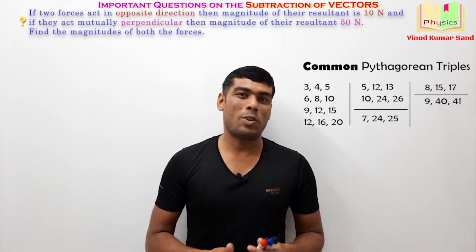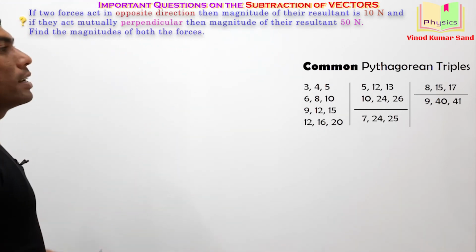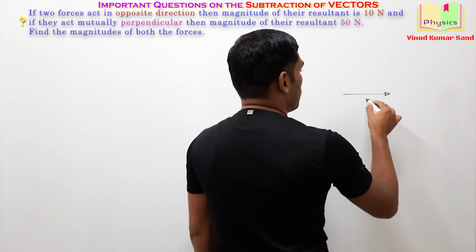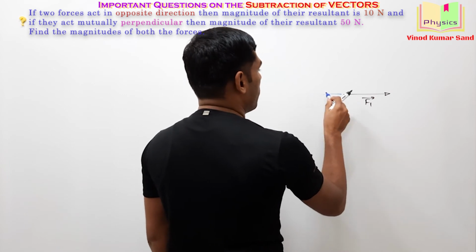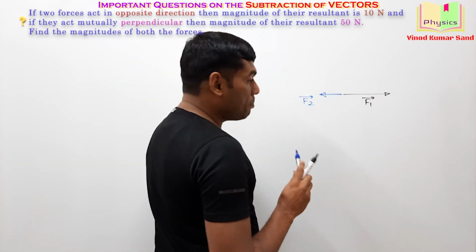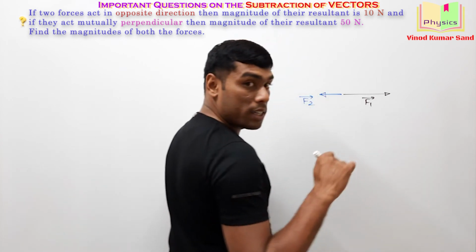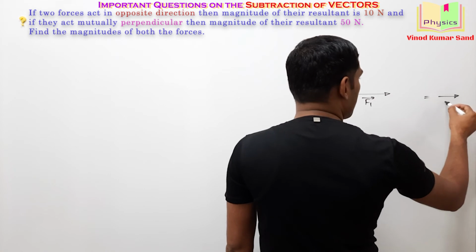Okay, I hope you are done with it. I'm simplifying it here. According to the question, let's say this is the force F1 vector and another force is F2 vector. If they are anti-parallel, then the resultant force has a magnitude of 10 Newton in this direction.